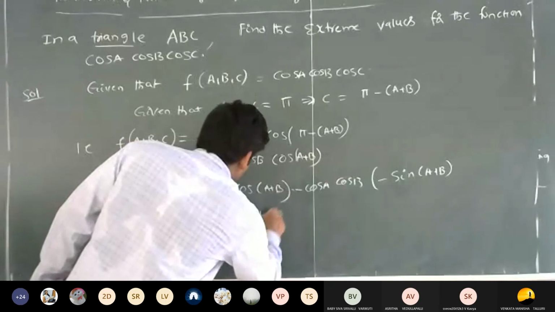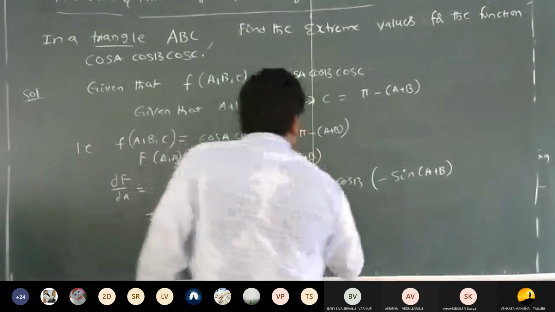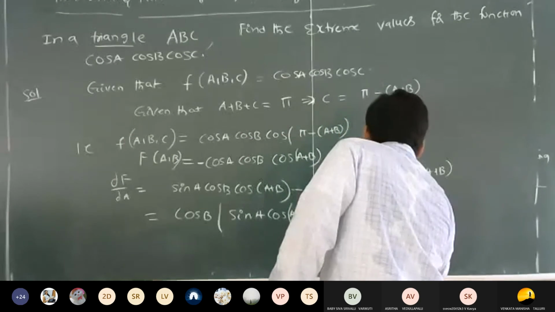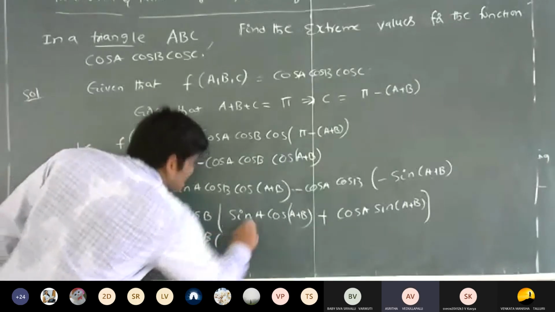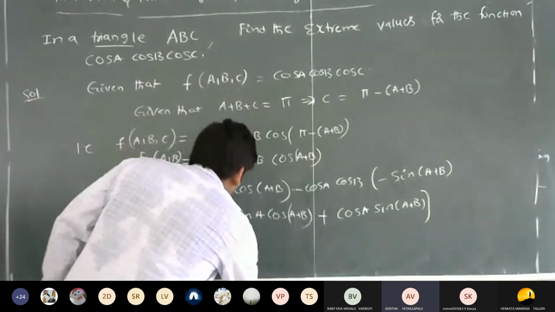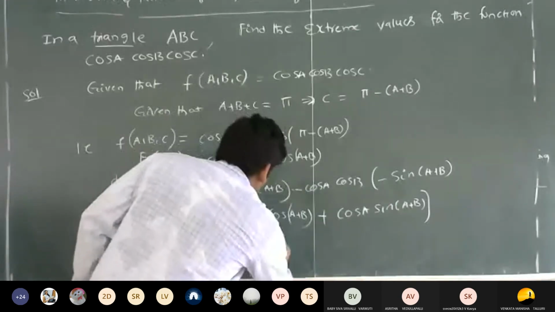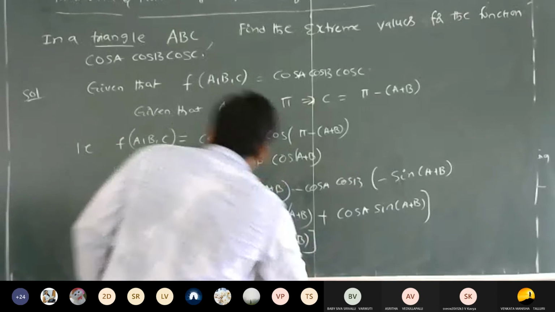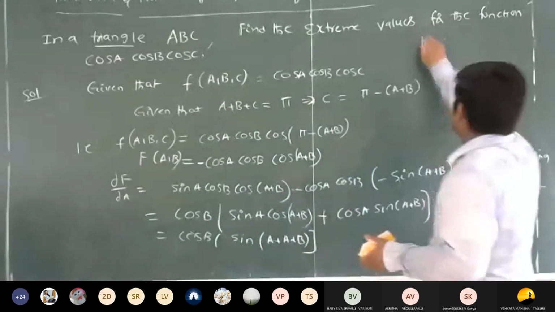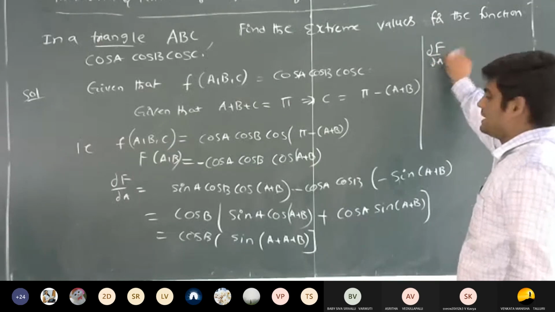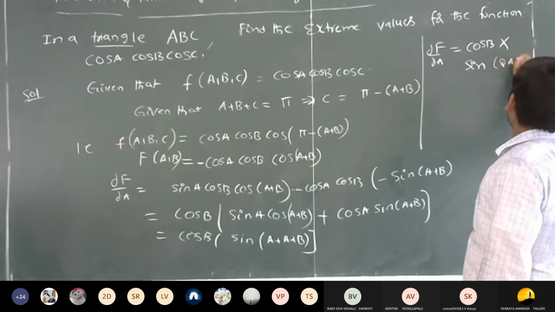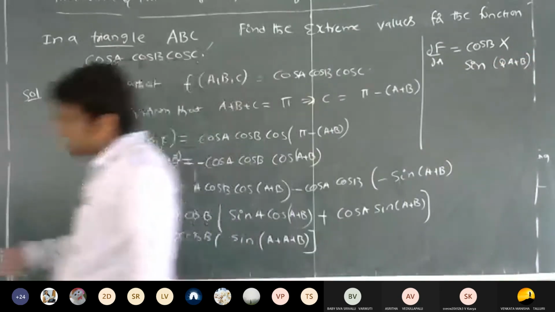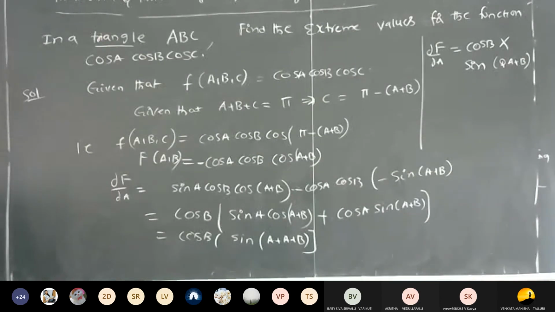So it is sin A cos of A plus B plus cos A sin of A plus B. It is in the form of sin A cos B plus cos A sin B, which is sin of A plus B. So dou F by dou A is equal to cos B into sin of 2A plus B. Is it clear? Yes, sir.